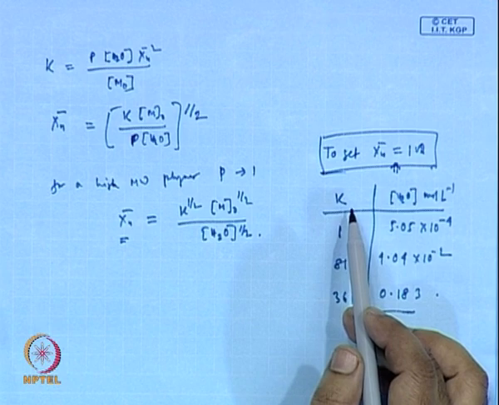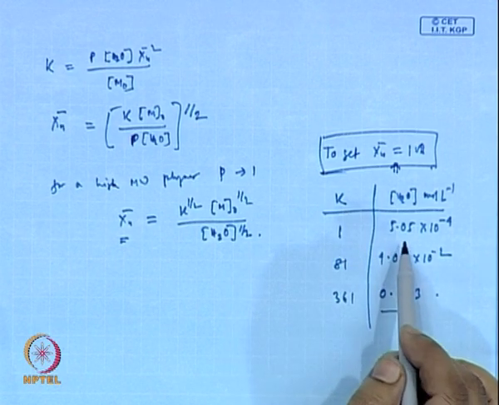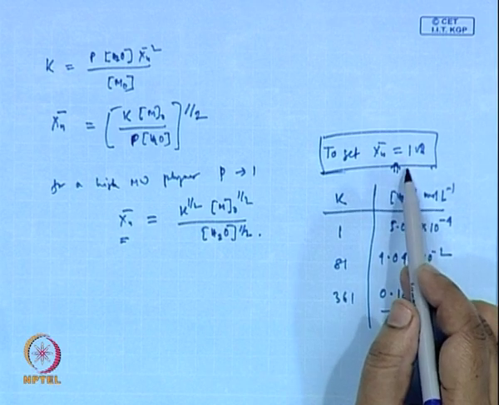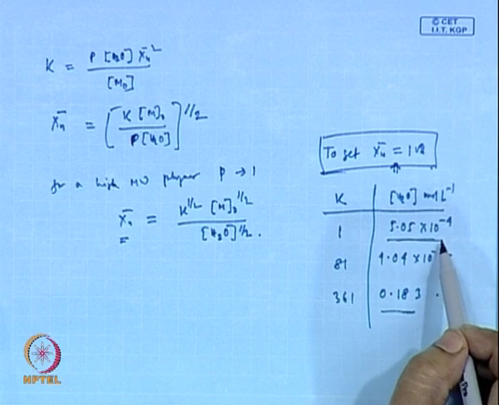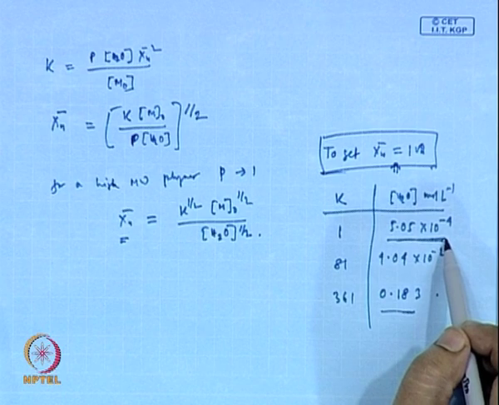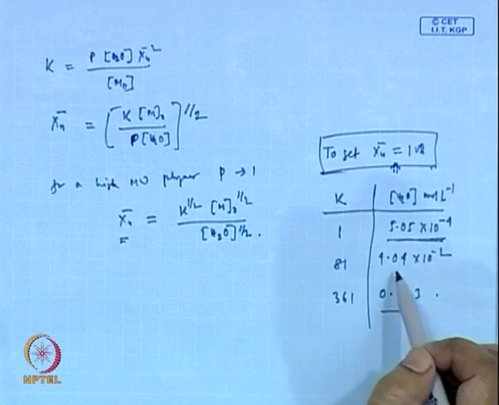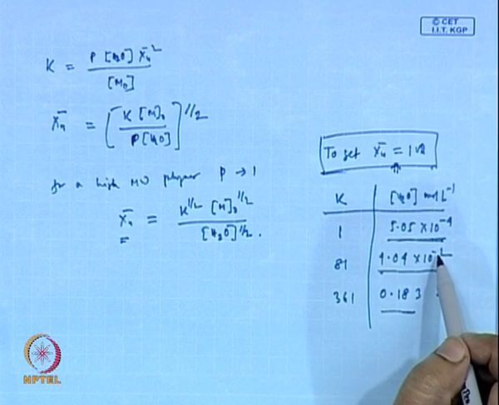If your K is low, then you have to make sure that you take out the water molecules as much as possible. So, to reach a degree of polymerization of 100, you have to reach a concentration of water molecules as low as the order of 10 to the minus 4, whereas if you have K of the order of 10 to the 2, you can live with a 10 to the power minus 2 level of H2O in the system.